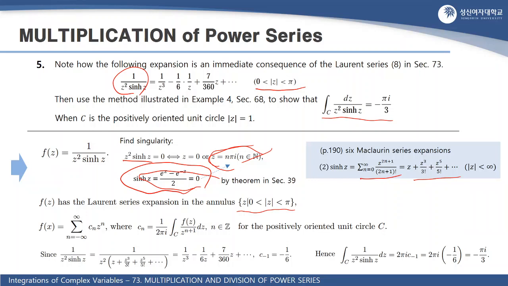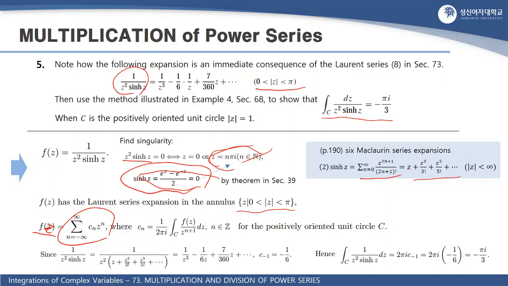In the Laurent series expansion, f of z can be expressed by this summation, n from negative infinity to infinity, c n times z to the n, where c sub n is 1 over 2 pi i times the integral along C of f of z dz divided by z to the n plus 1.